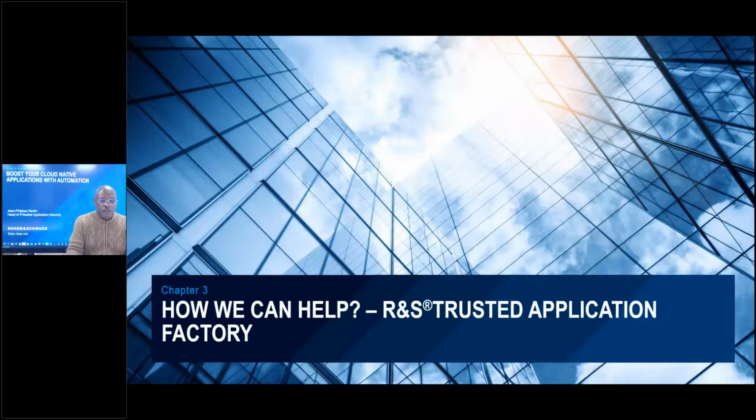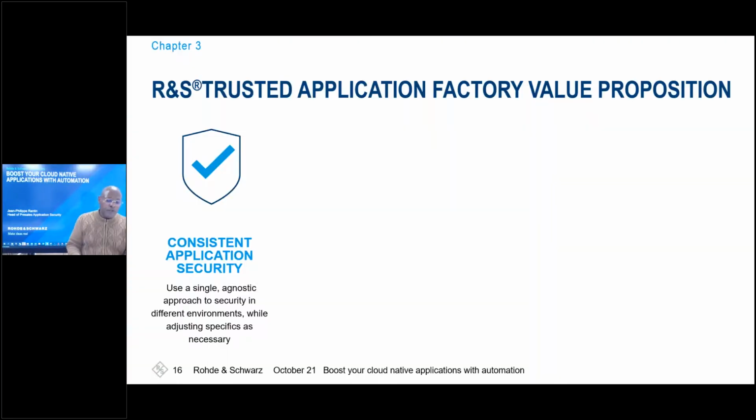So how can we help with the Trusted Application Factory? What can we do in terms of security? First of all, we are using our well-known and proven technology in terms of analysis. We have different engines for scanning the web traffic going to your application.